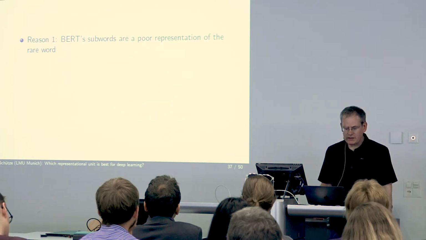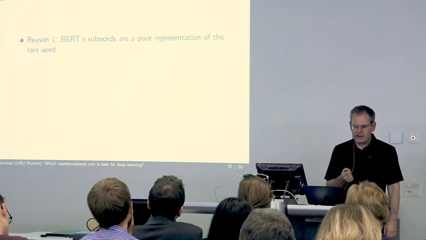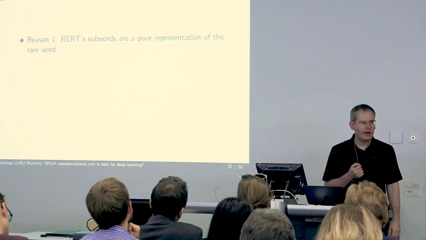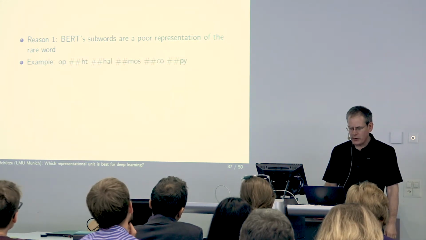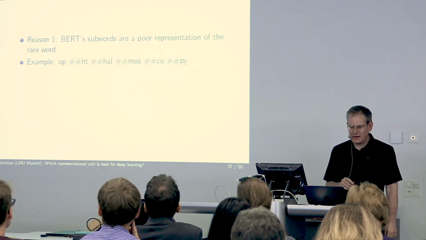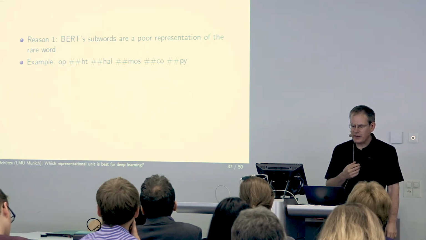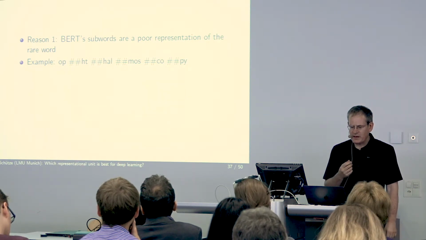And why is that? There are two different reasons for that. So one is that BERT's subwords are a poor representation of the rare word. Here we have one example, ophthalmoscopy, which I guess means the investigation of the eye with medical instruments.